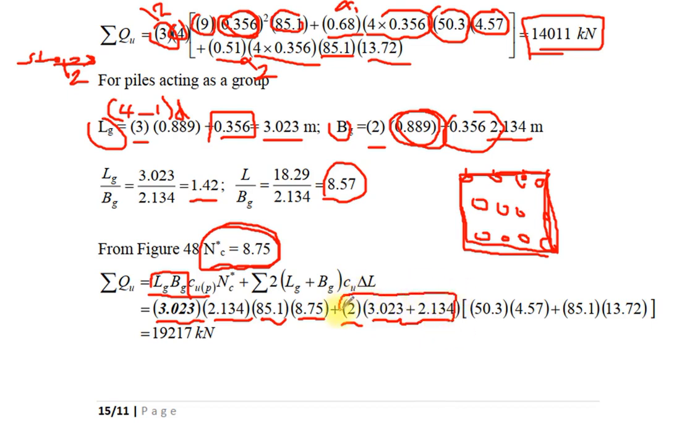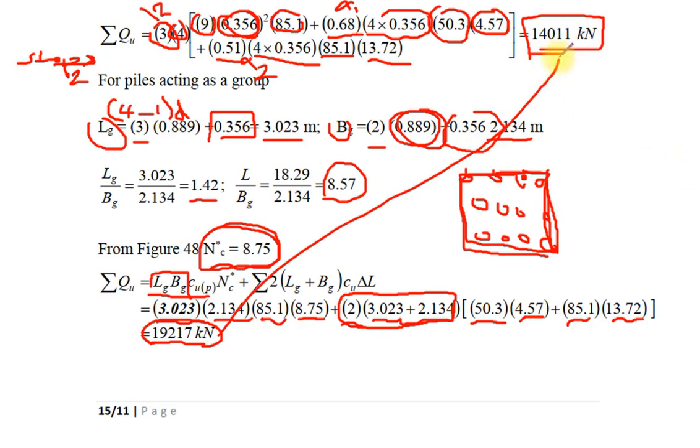This is the perimeter of the block. Undrained cohesion multiplied by the thickness of the first layer, undrained cohesion of the second layer multiplied by the thickness of the second layer gives us 19,217 kilonewton. Compare this value 19 with this value 14.